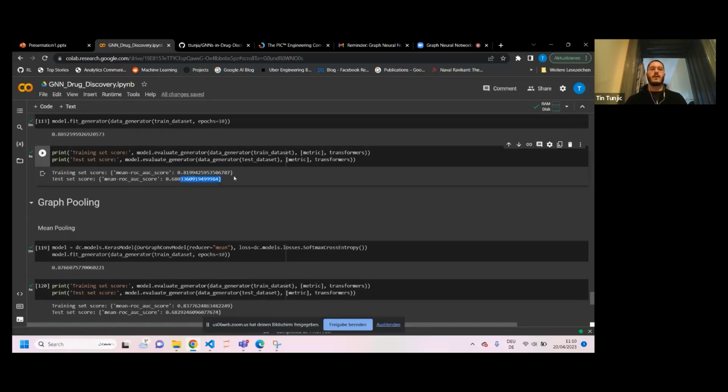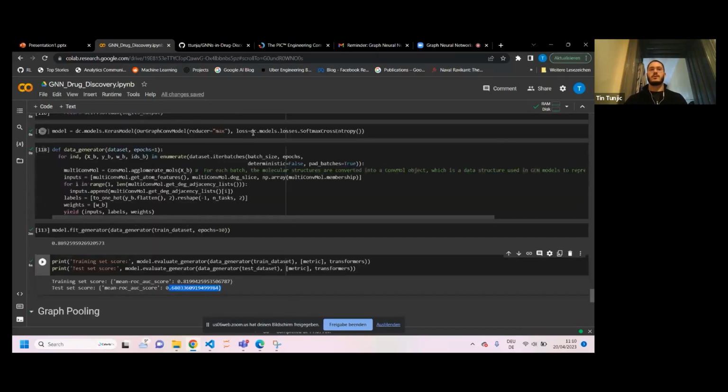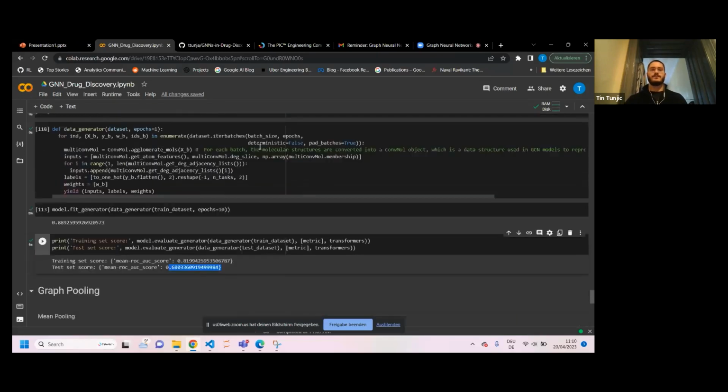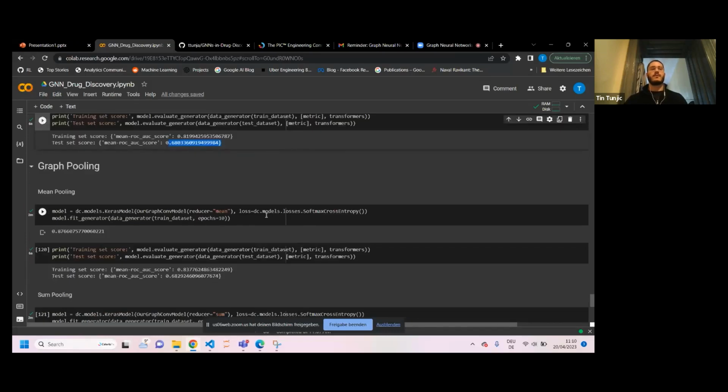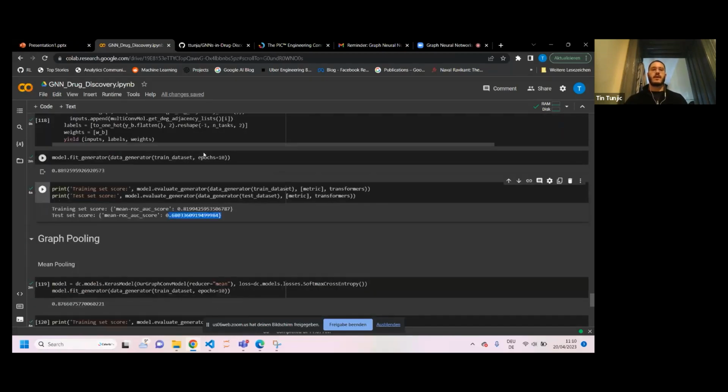these scores. And as you can see, as I already mentioned, this test set score 68% is not the best. It's worse than the graph convolution network out of the box, but it's still better than the multitask classifier, which is good since we didn't optimize also this model that we've written. And then for all of the pooling things, we have the mean, sum, and already presented max.